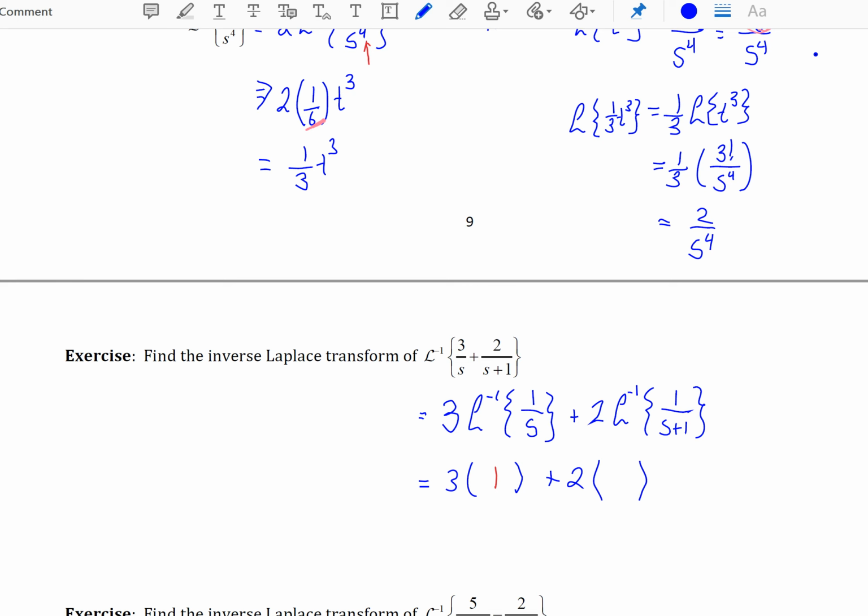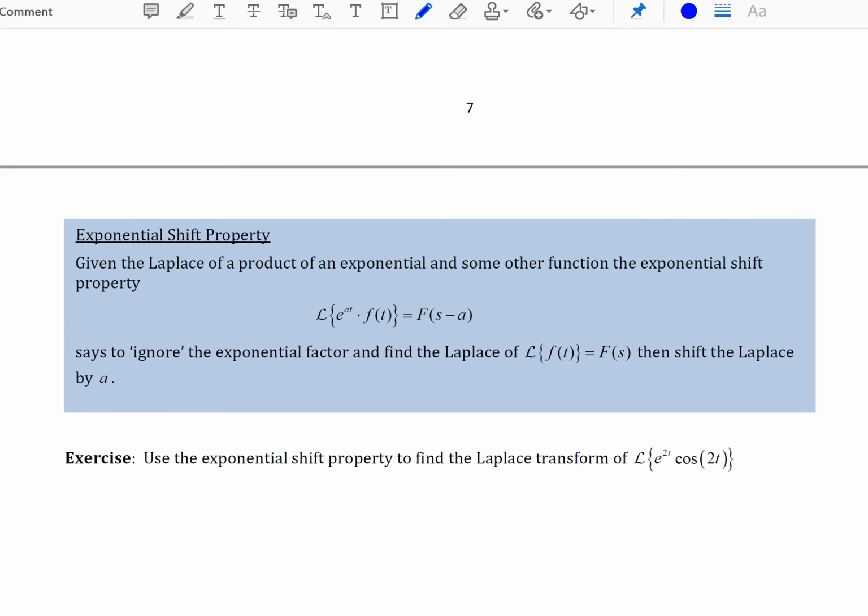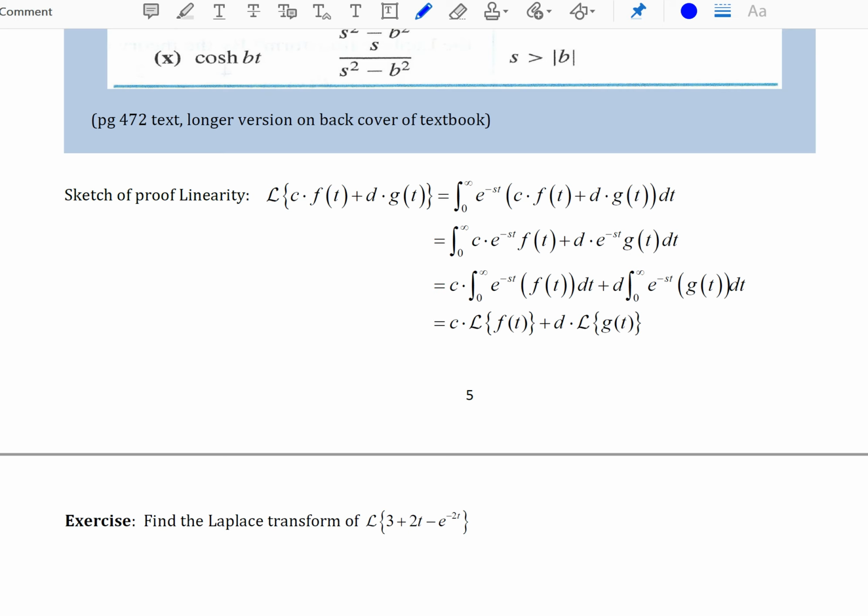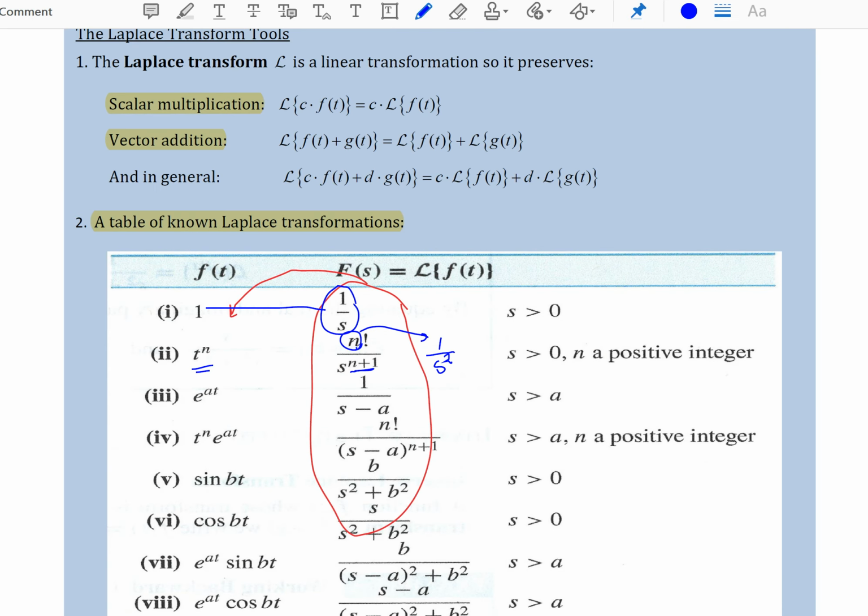So remember, s plus 1, this is one that we did as a group together. Now, s plus 1 looks like this one, but if you're going to have s plus 1, it really means that a had to be a negative 1.